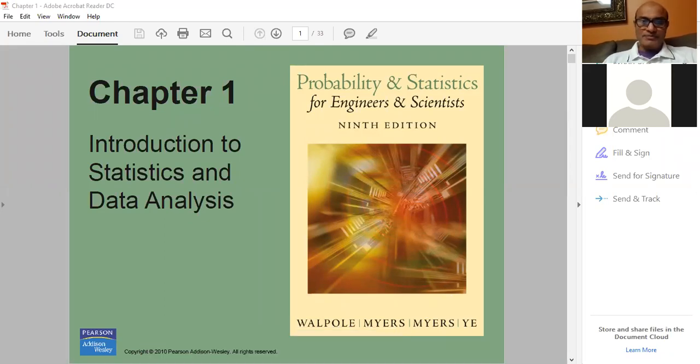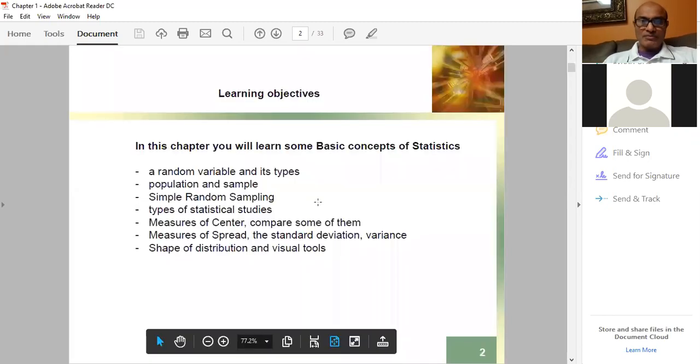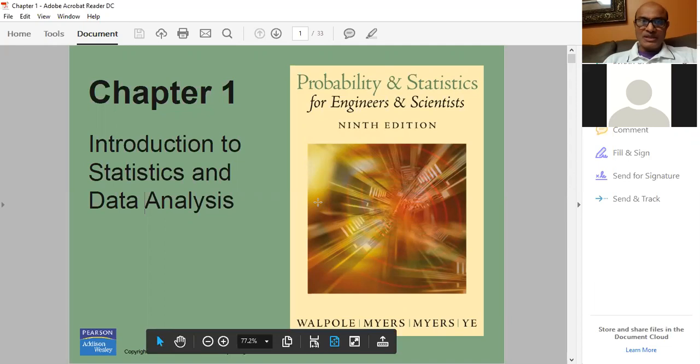So first of all, there are several chapters in this book. And I just would like to let you know, this is the 9th edition, very latest edition.